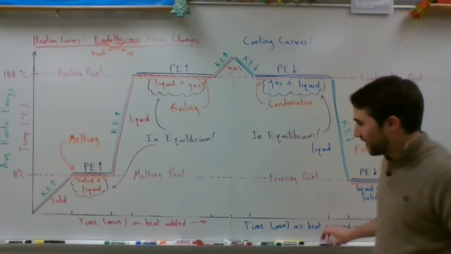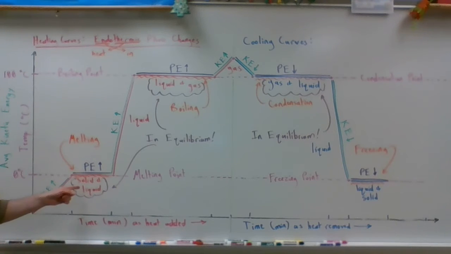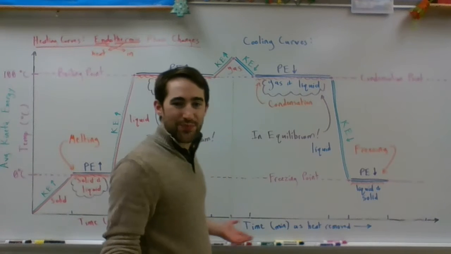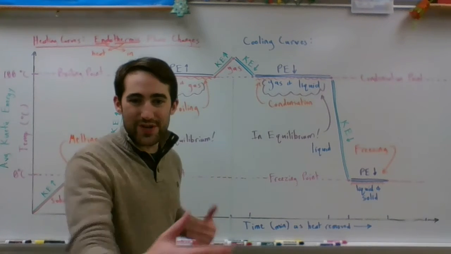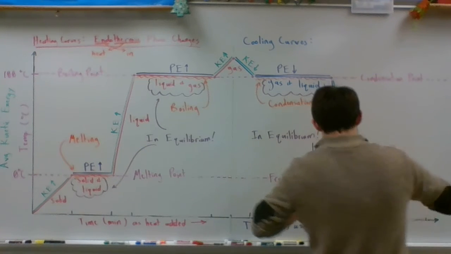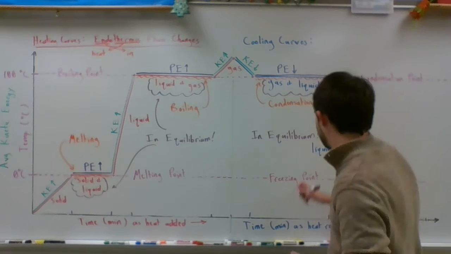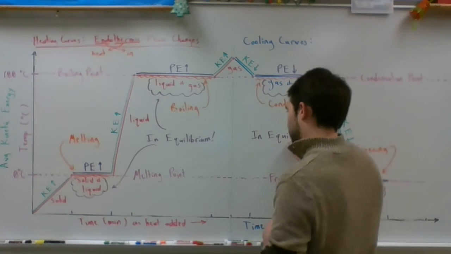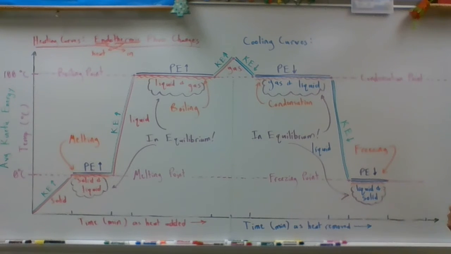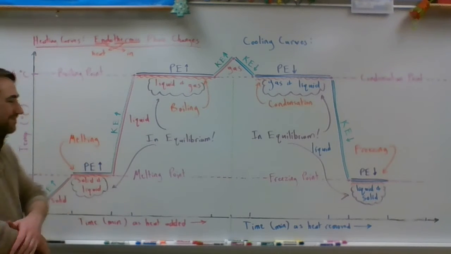All right. Just like with melting, we have an equilibrium here. Okay? The solid and the liquid are together over here, and now the liquid and the solid are together over here. In the process of freezing, we are forming an equilibrium between those two phases of matter. So we've got an equilibrium there too.